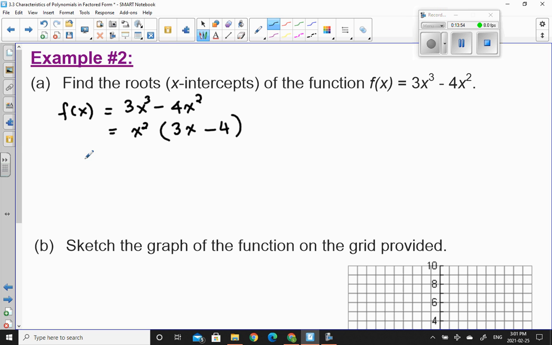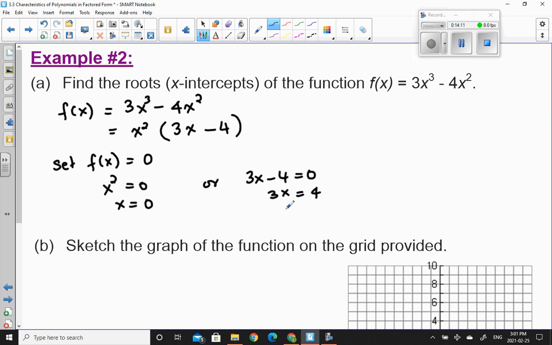To find the roots, set f of x to 0. Then x squared could be 0, which means x is 0, or 3x minus 4 could be 0, which means 3x equals 4, or x is equal to 4/3. So the zeros are 0 and 4/3.